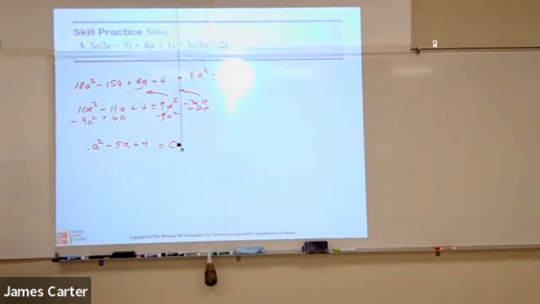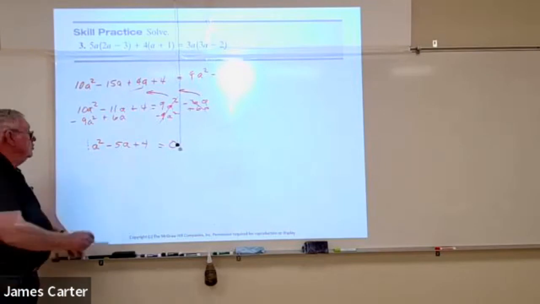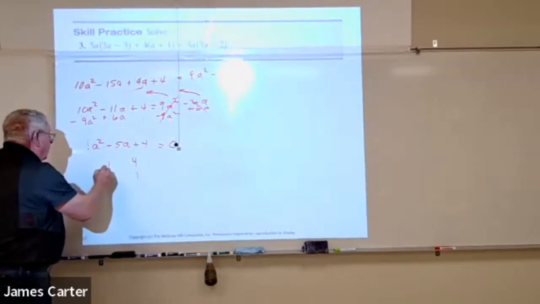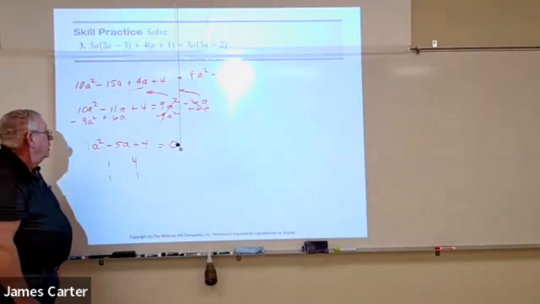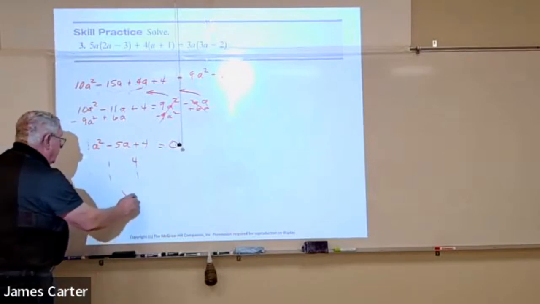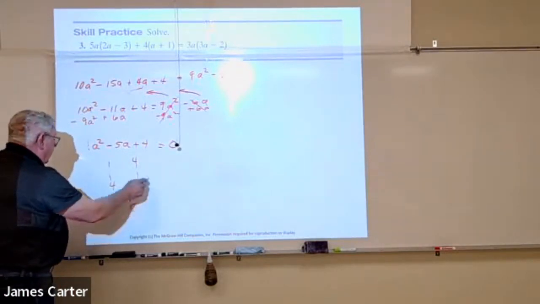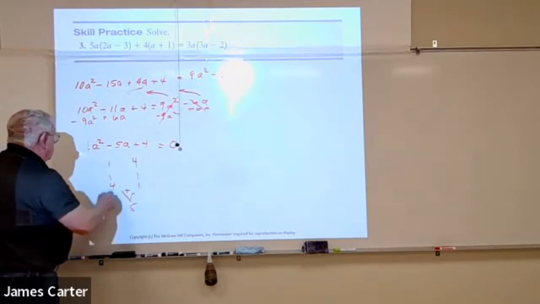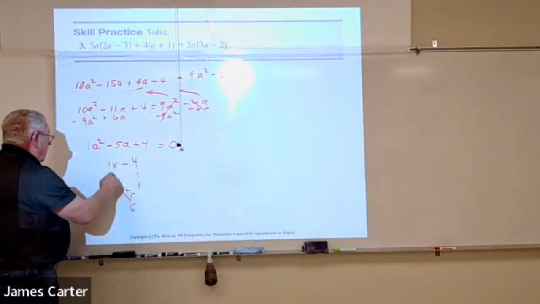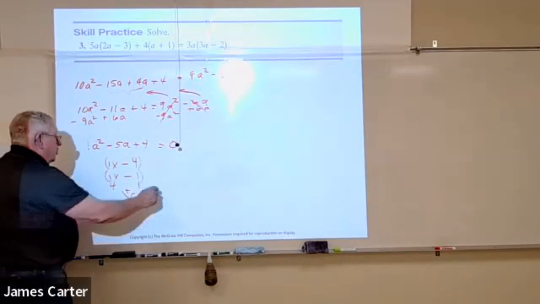Okay. Guess what I'm going to use over here? 4 and 1, 1 and 1, right? Rule of signs says I'm going to add. So I get 4 and 1, and I add them, and I get 5. So here's my terms.